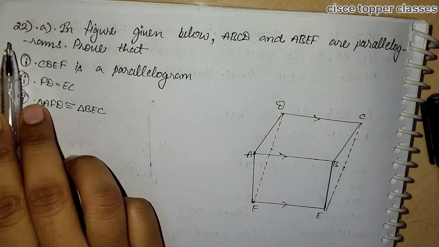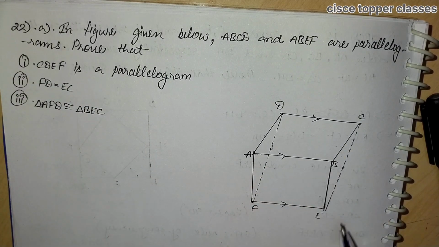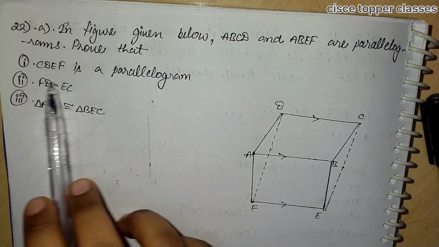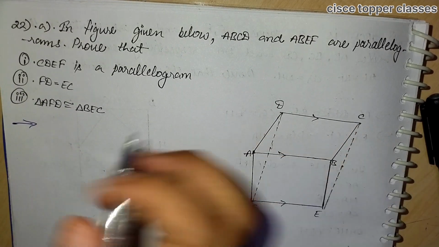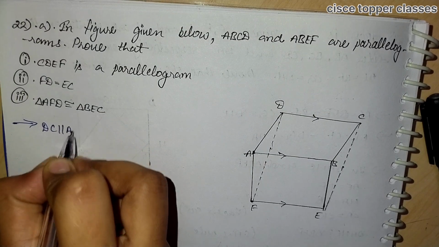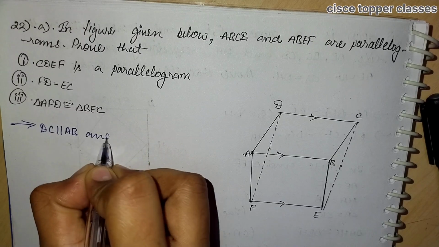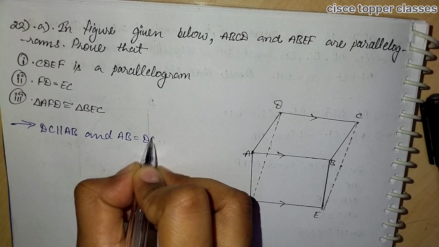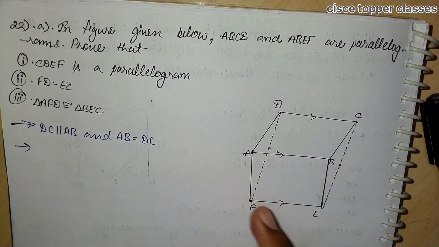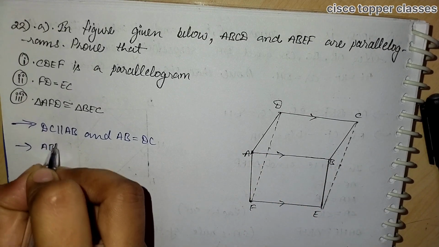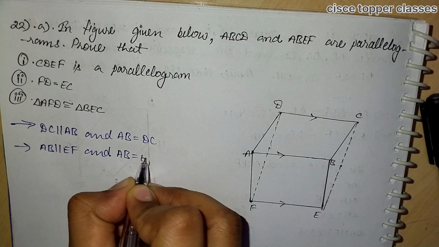Now let us solve question number 22, first part. In the figure given below, ABCD and ABEF are parallelograms, then prove that CDEF is a parallelogram. As DC is parallel to AB, because ABCD is a parallelogram, opposite sides will be equal. So AB is equal to DC, and again, as ABEF is also a parallelogram and AB is parallel to EF, AB is equal to EF.